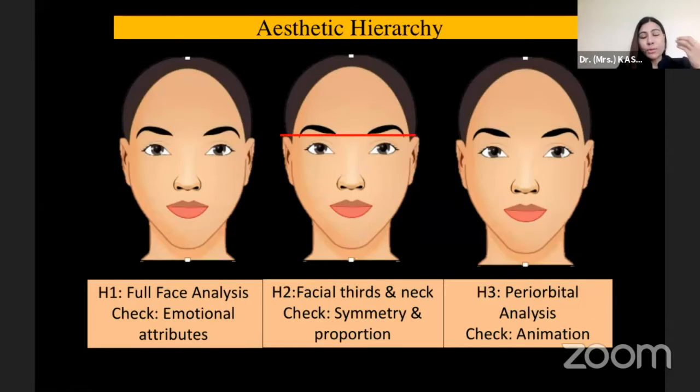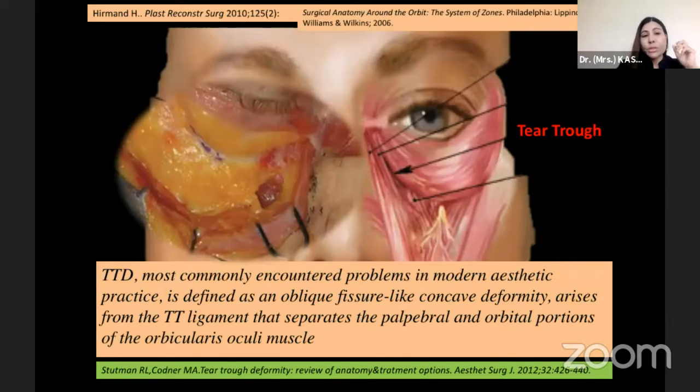The first one is a full face analysis, which PT has already mentioned, with the emotional attributes. The second, we need to analyze the face on the basis of the three thirds. And the third is more important when you target the specific area, the most dynamic part, that is the periorbital and the periocular part.